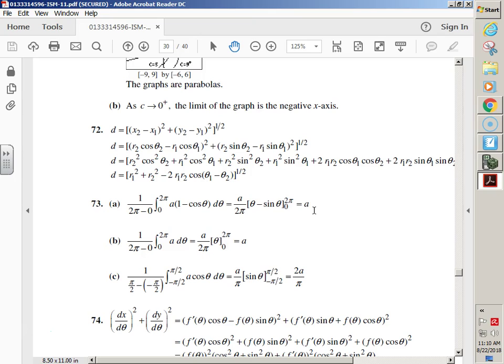Pre-cal. Long story short, it works. Yay, go team. Wow. Using a composite argument property for cosine A minus B from pre-cal, and using foiling, and using x equals r cosine theta and y equals r sine theta.